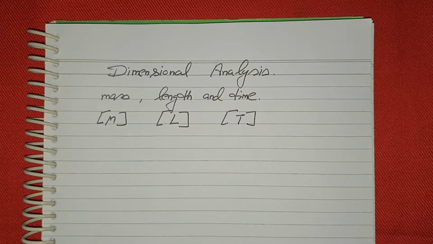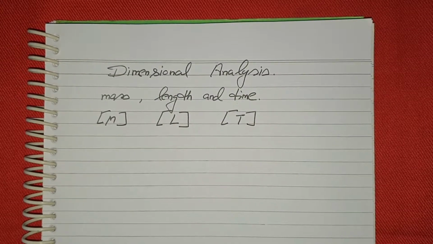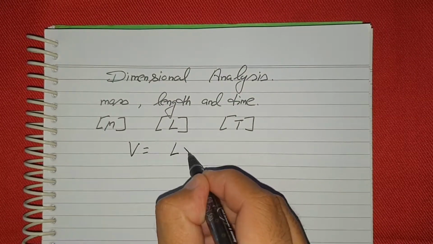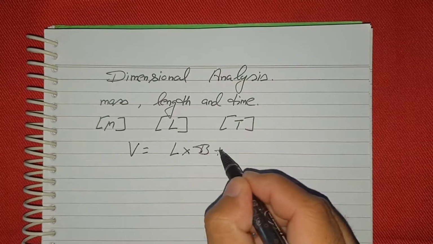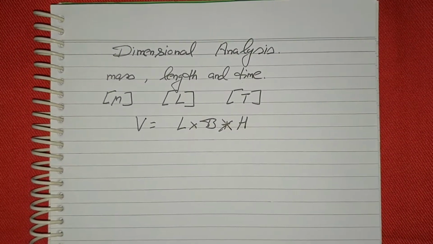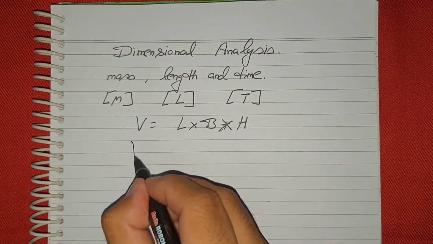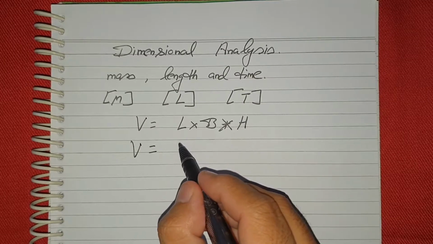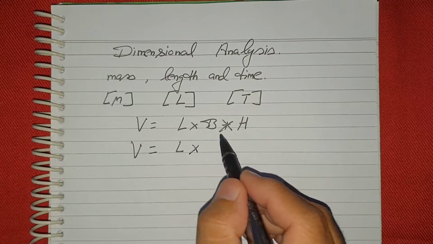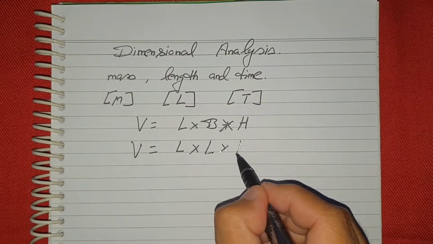Now, suppose we have to obtain the derived unit of volume. We know that volume is L into B into H. Length is L, breadth is again length, and height is also expressed in length.